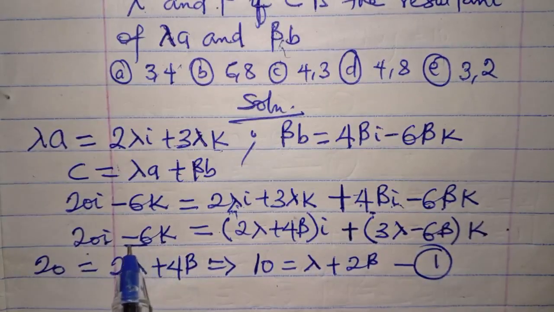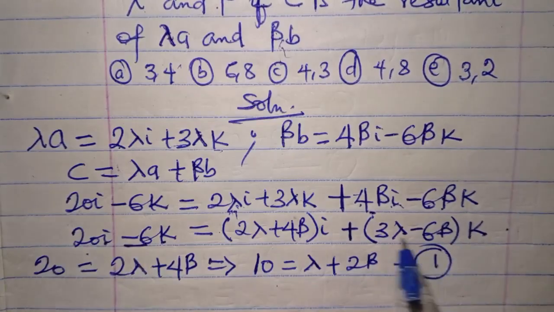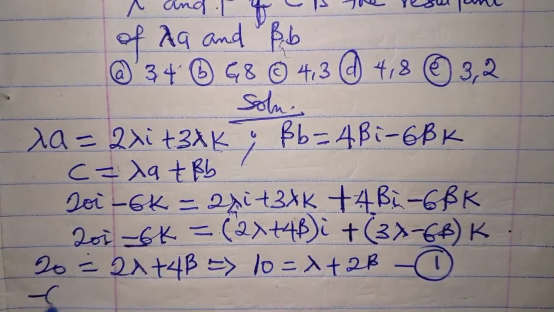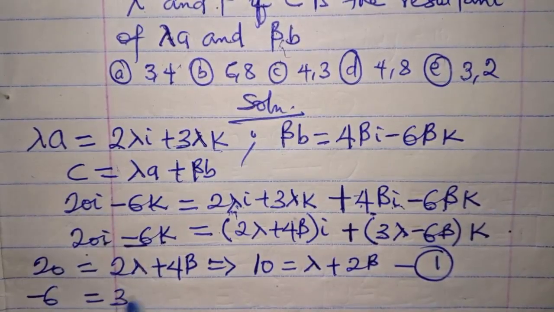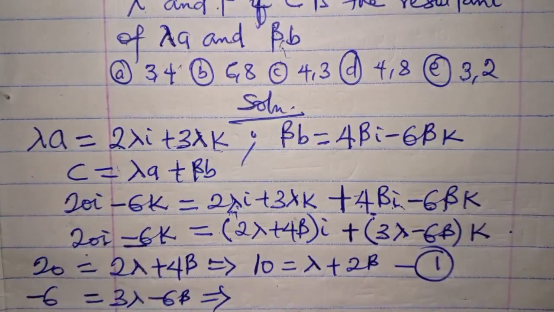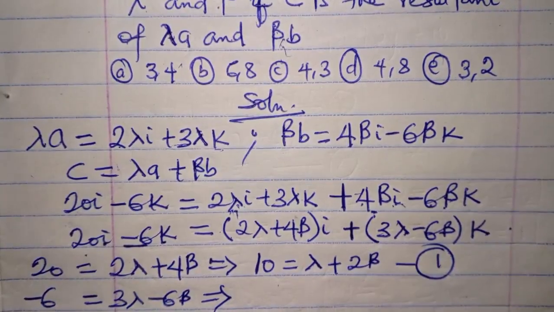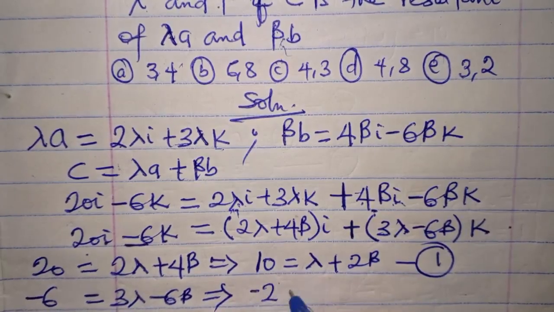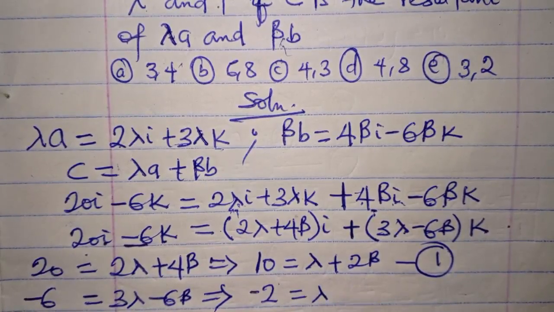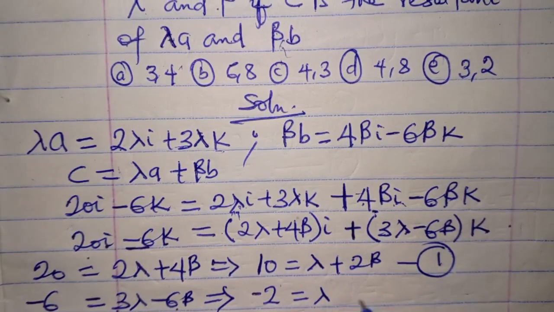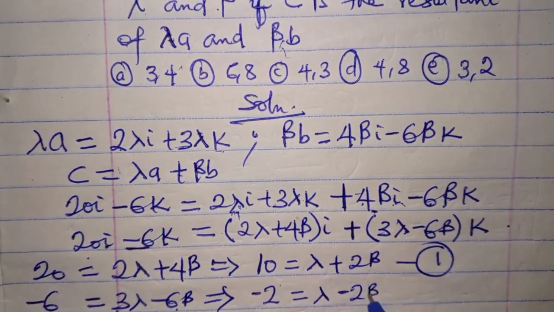The coefficient of k here is minus 6. And here it is 3 lambda minus 6 beta. So compare, it is minus 6 equal to 3 lambda minus 6 beta. So if we divide both sides by 3, this will be minus 2 equal to lambda minus 2 beta.